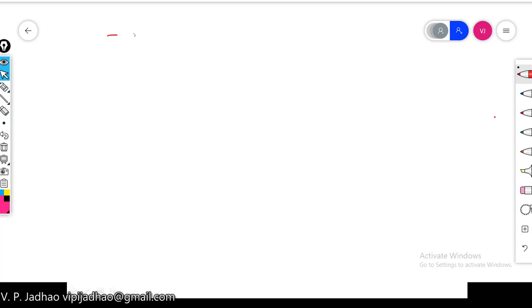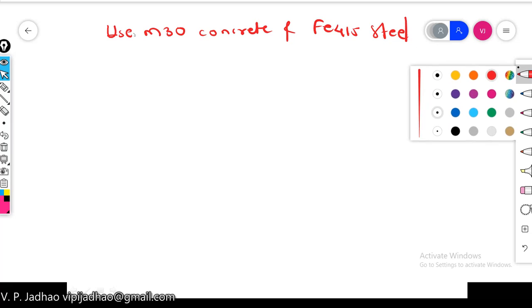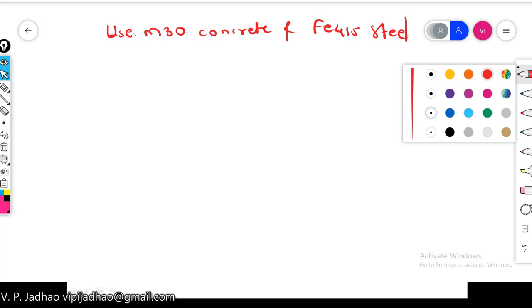Allow suitable freeboard. Let us consider and use M30 concrete and Fe415 steel. M30 concrete and Fe415 steel will be used.